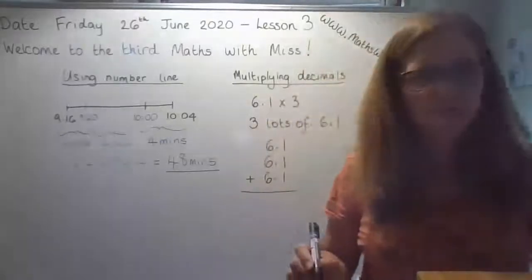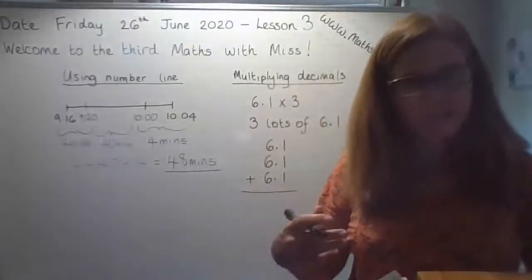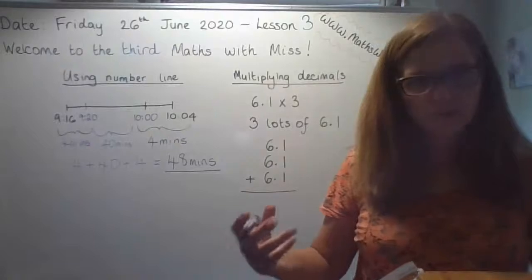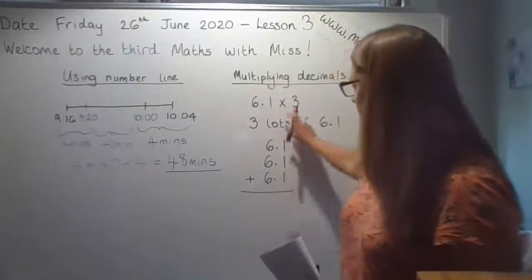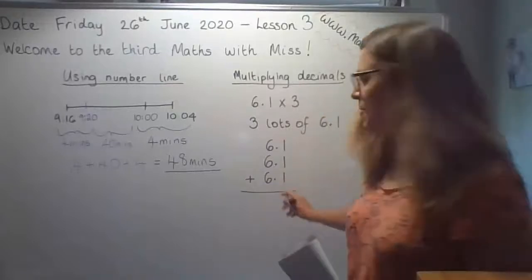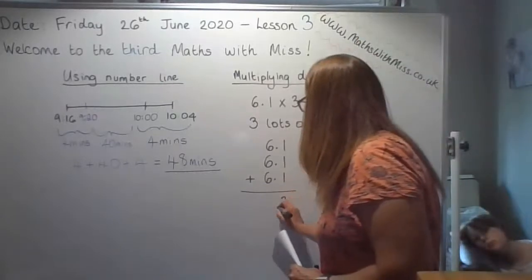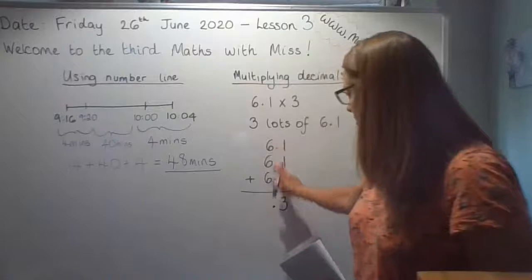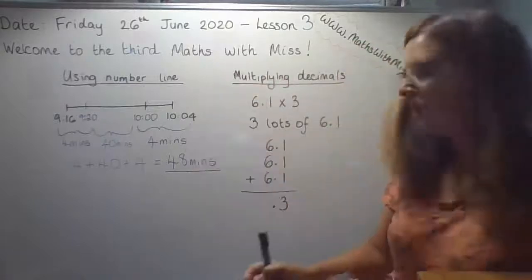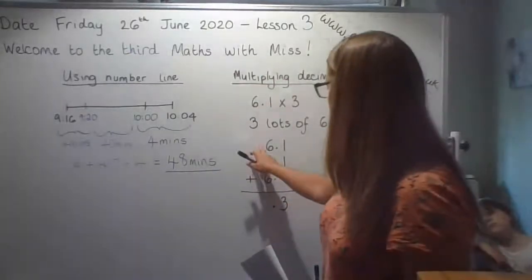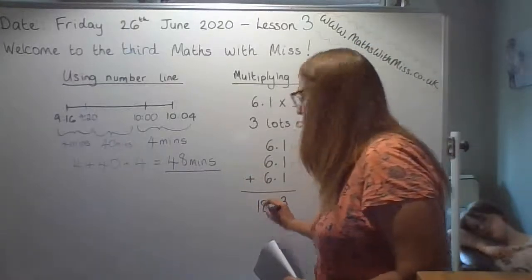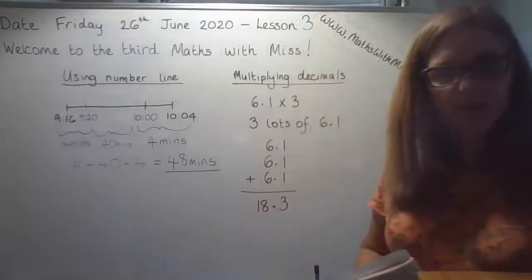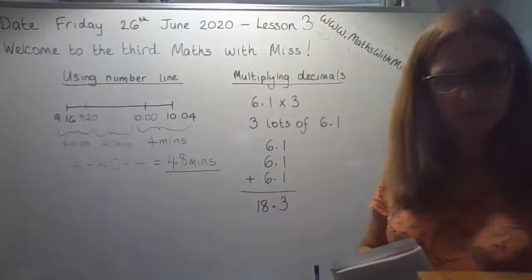And sometimes we find addition easier than multiplication when it comes to those decimal numbers. So I can add up the numbers in my tenths column. That gives me a 3. Remember your decimal point. Always carry it down. Always match it up exactly in line. Then I've got 6, 12, 18, which gives me 18.3. All good?